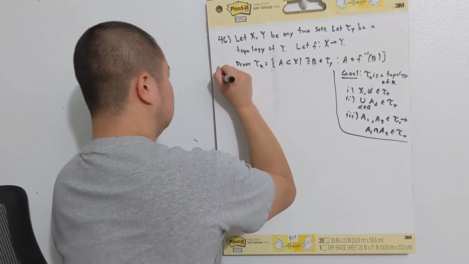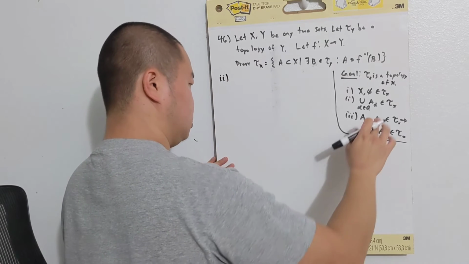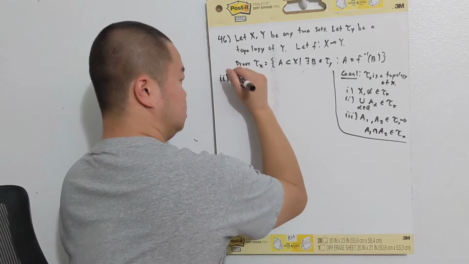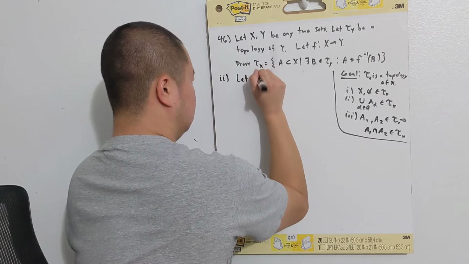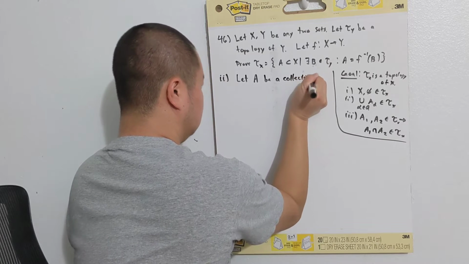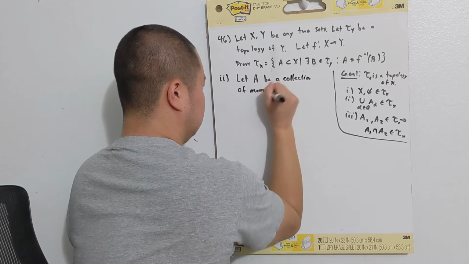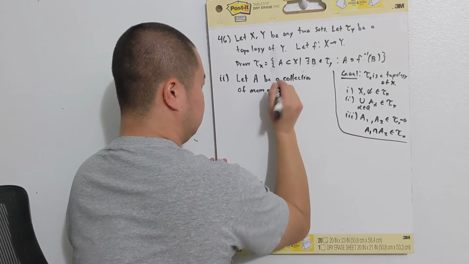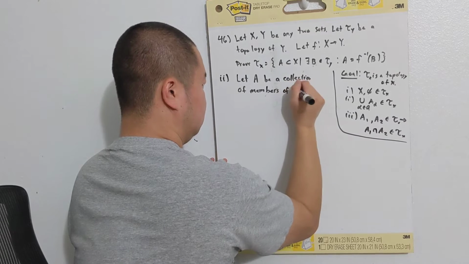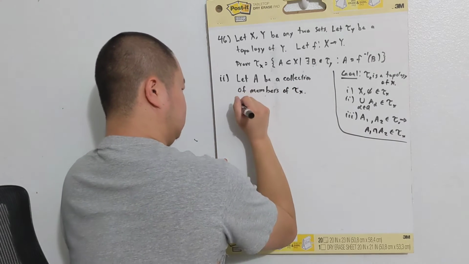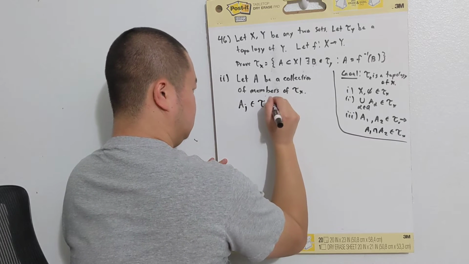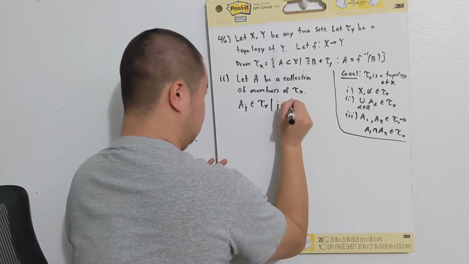So for part 2, we're going to prove that the unions of the members of tau of X is still in tau of X. So let A be a collection of members of tau of X. So we denote that A_j is in tau of X, where we have some subscript j.